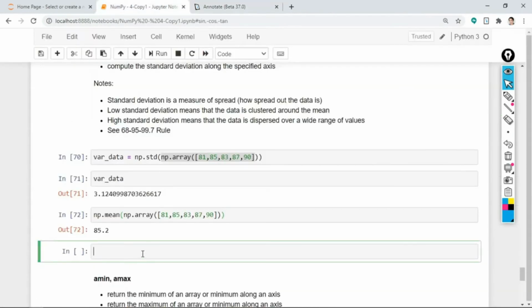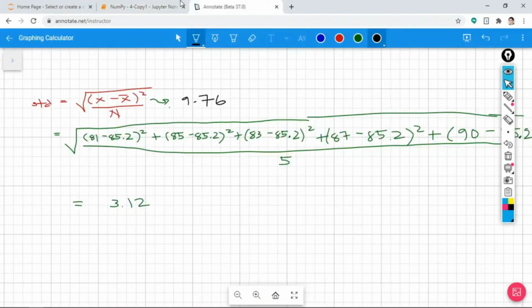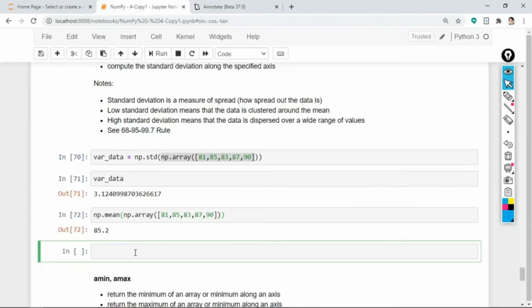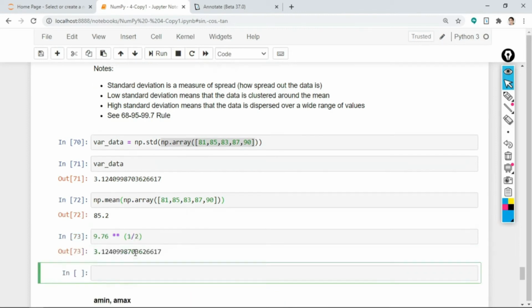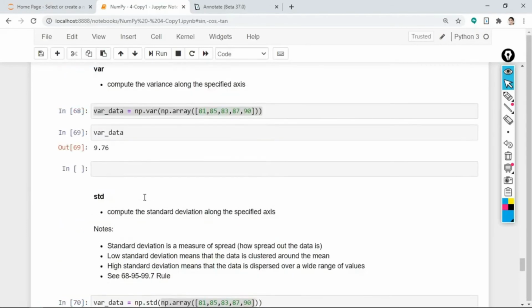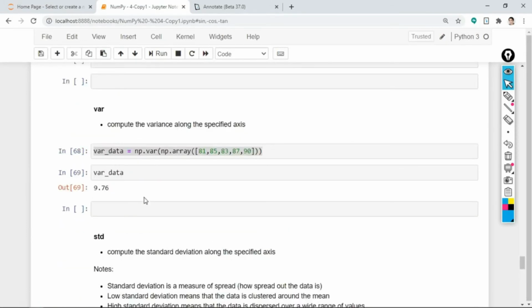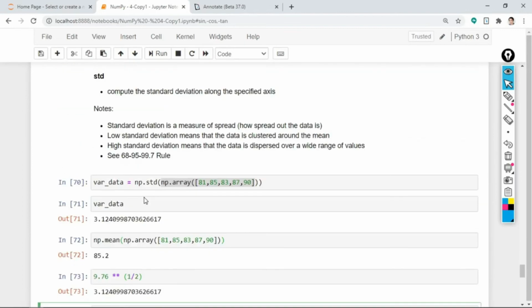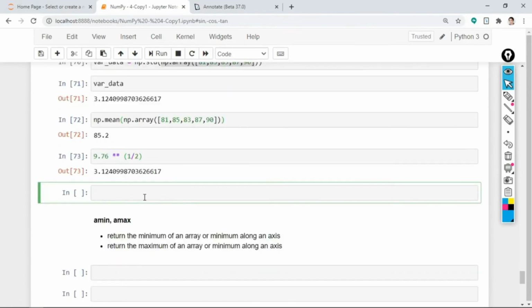If you remember this one, the square root of 9.76, again, is 9.76 raised to the 1/2, so we have 3.12. We will have a detailed discussion on this in the succeeding sections because we are using statistical functions.